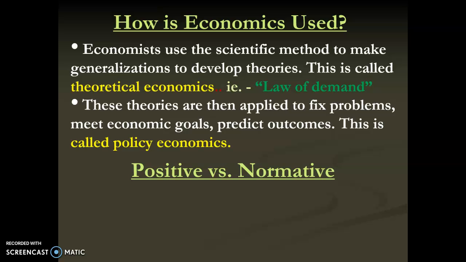So, for example, the law of demand, which basically suggests that when prices increase or decrease, the quantity of a good that is demanded will change, right? Higher prices, lower quantity demanded, lower prices, greater quantity demanded. Economists accept this as something that's kind of tried and true. It is based on theory, and it is accepted as the law of demand.